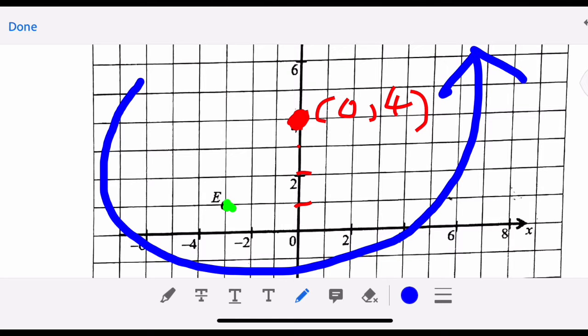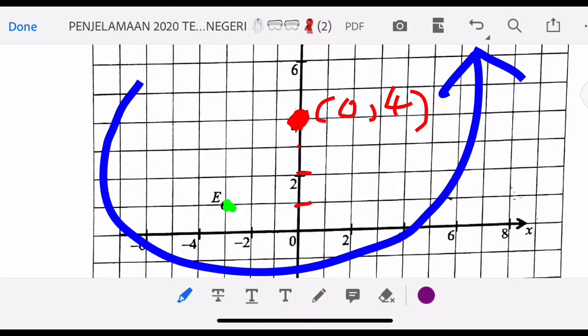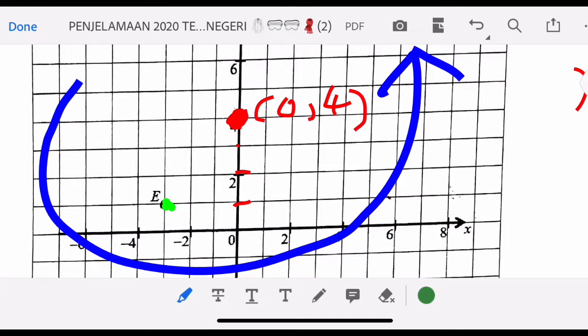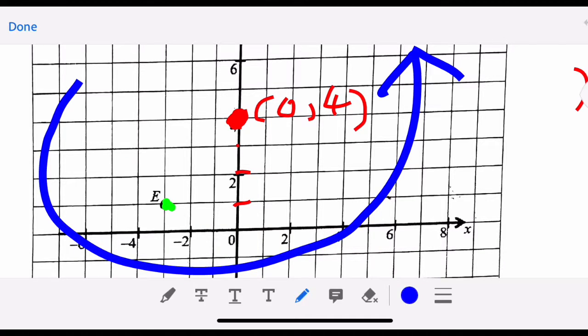So that means this point will come over, follow the arrow anti-clockwise, right? Look at the clock. The clock is moving in the opposite direction, anti-clockwise. So that means we expect our E prime will be somewhere here, right? Okay, let's work it out.